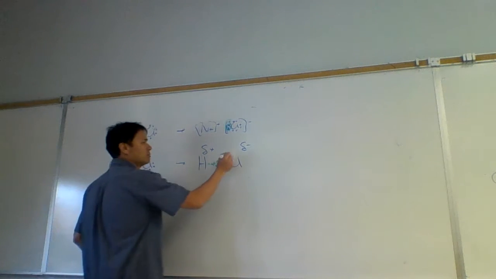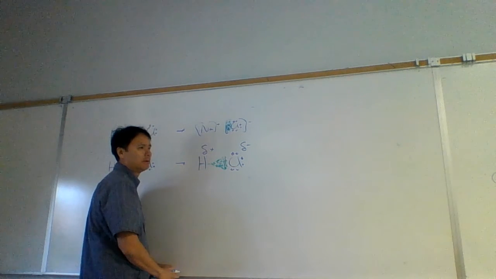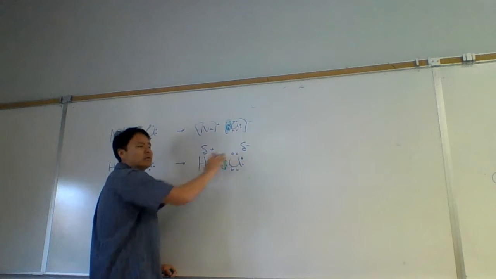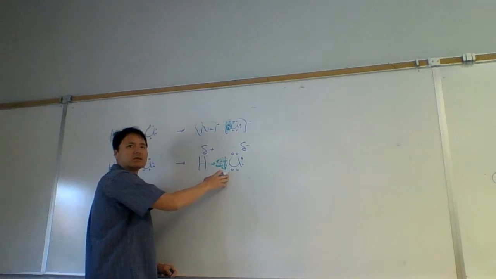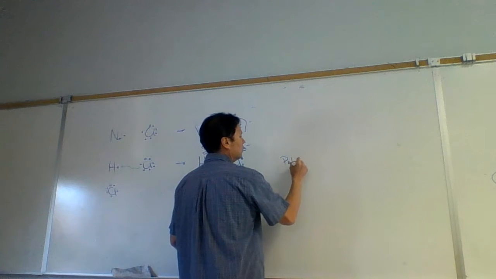It doesn't quite end up with the whole cloud. It wants the whole cloud, but it doesn't get it. But hydrogen is weaker, and so it's going to get more of the cloud. More negative charge gets there, but not all of it. This is what we call polar covalent.